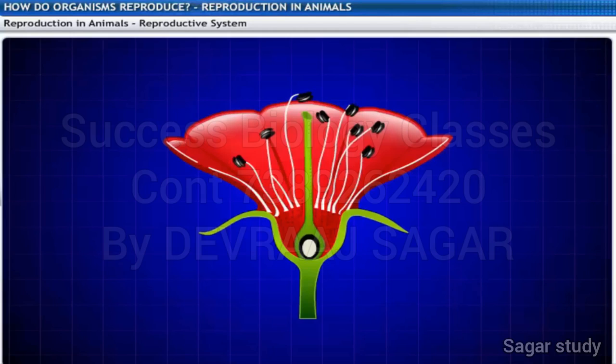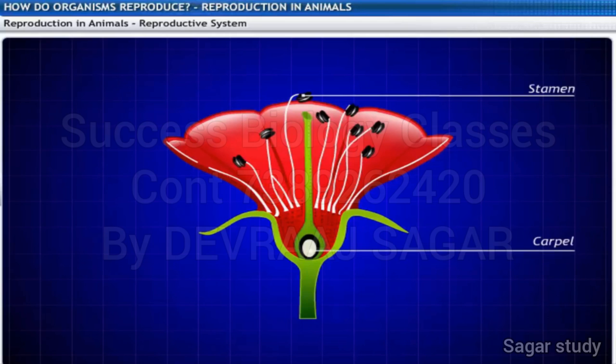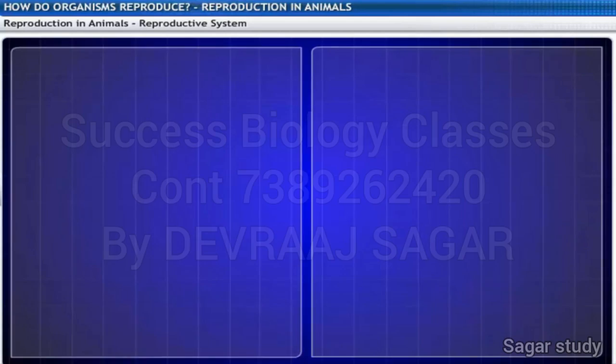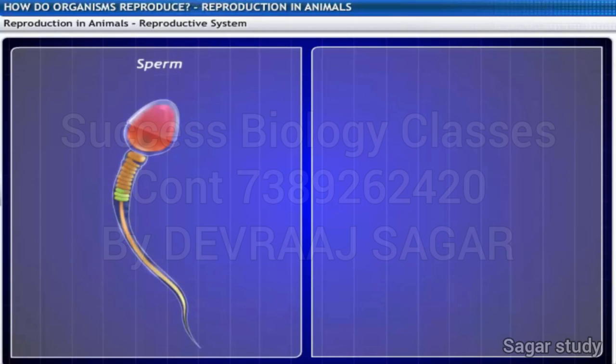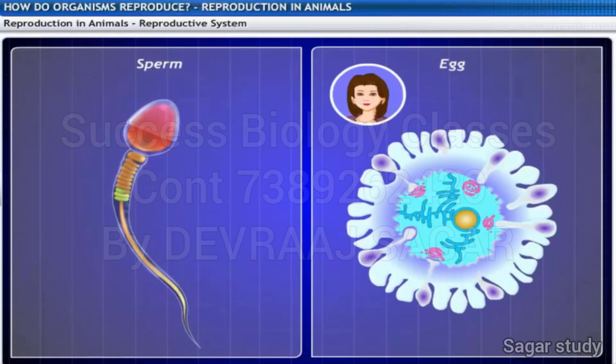But for that, presence of a male reproductive system and a female reproductive system, similar to the stamen and the carpel in flowering plants, is necessary. The sperm forms a part of the male reproductive system, while the egg forms a part of the female reproductive system.